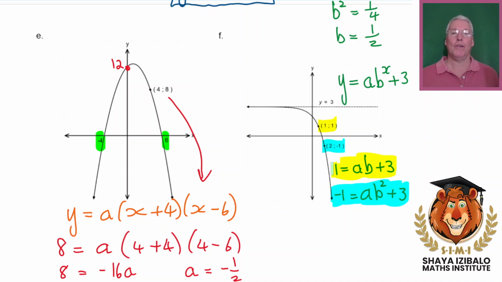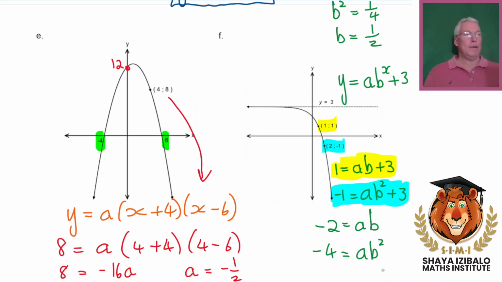Right, so this first equation can simplify if we subtract 3 from both sides. Negative 2 equals ab. And this next one, if we subtract 3 from both sides, we're going to get negative 4 equals ab squared. Now, if we were to divide these 2 equations, I'm going to call this one equation number 1, and this one equation number 2.